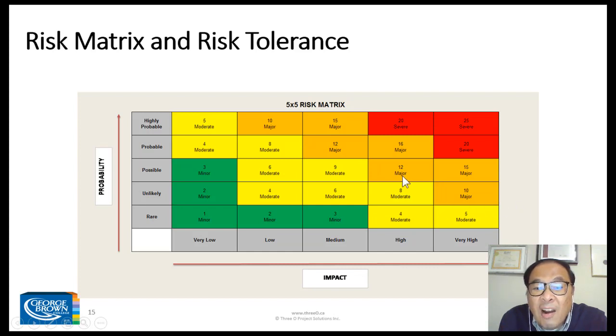So you can draw a line with the orange and the red being something that you cannot tolerate, but anything underneath that line, like all the yellow and the green, is acceptable. So you don't have to do anything about it. Okay? So understood, right?